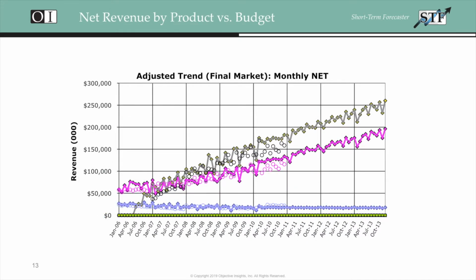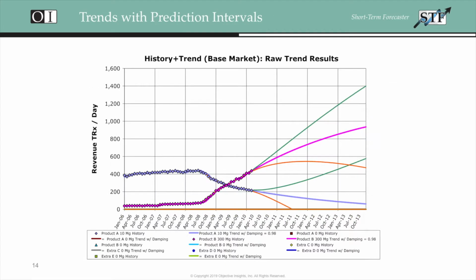Here's just another graph. It's looking at monthly net revenues, and an important point here is those open circles on the graph. Those are the budget or the current forecast that's being compared against. So you can see that this product is actually ahead of budget or ahead of forecast.